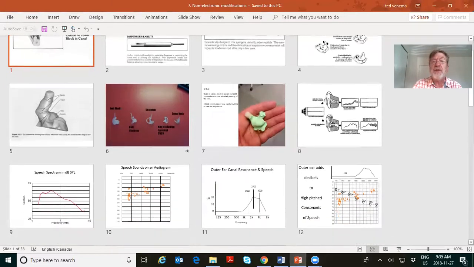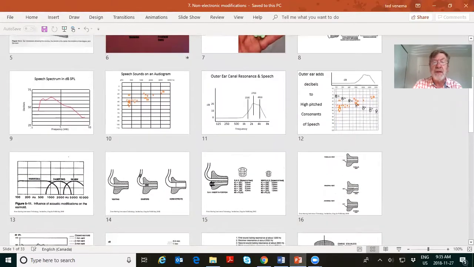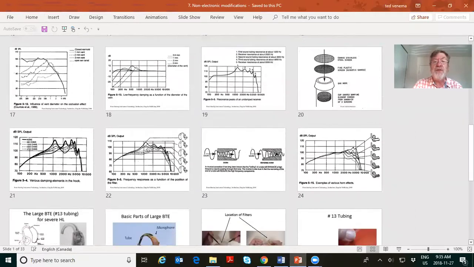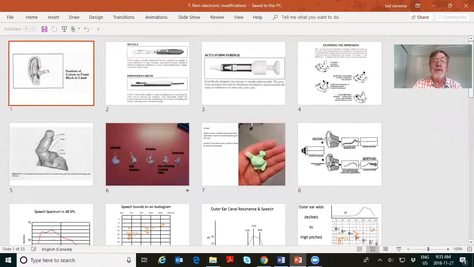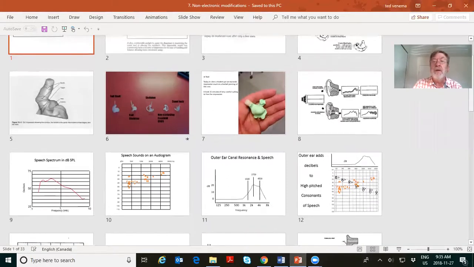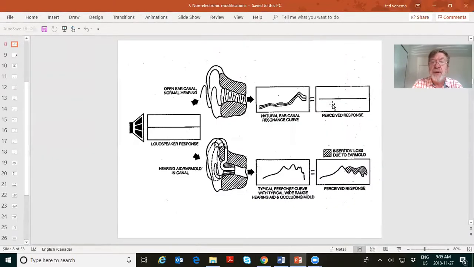That stuff is lost when you plug up an ear with a hearing aid. So there's an open ear canal right there, and the sound coming in.